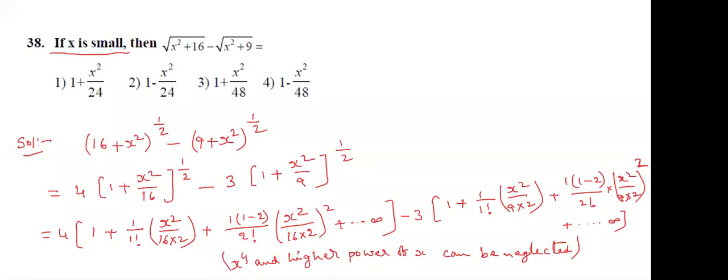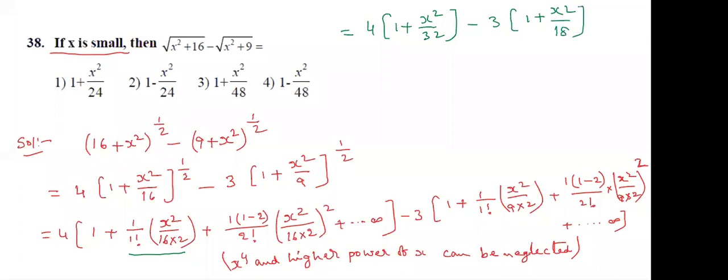So the remaining terms I am going to write now. 4 into 1 plus x square by 32. See here, these terms, the remaining terms we neglected, reason: very small values. That's it. 3 into 1 plus x square by 18.